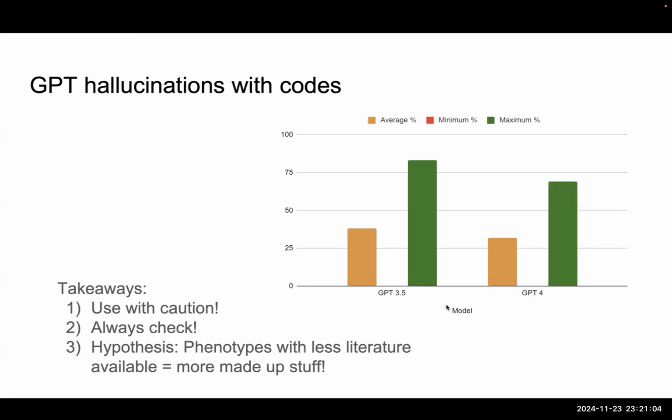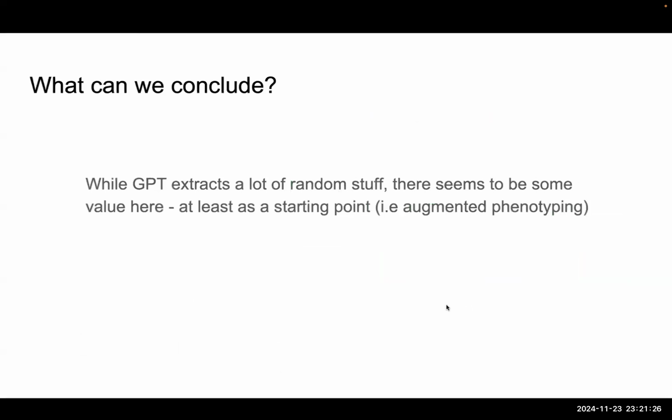These issues were more pronounced for less documented phenotypes, highlighting the need for cautious use and meticulous verification of LLM generated data. Enhancing training methodologies to address literature scarcity on specific phenotypes is crucial to improving model accuracy.